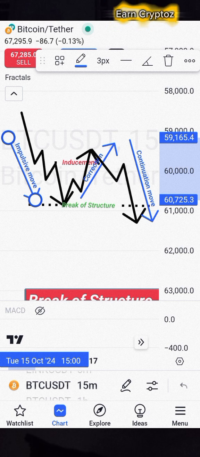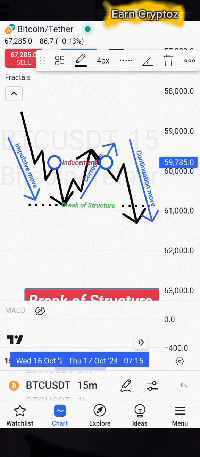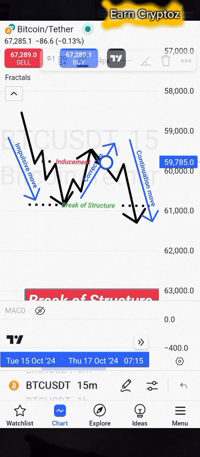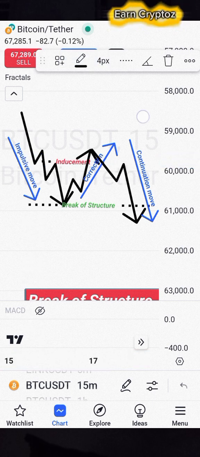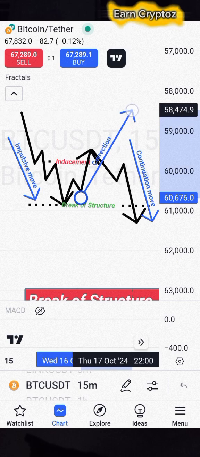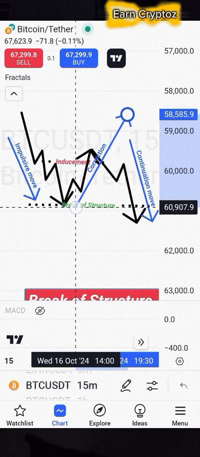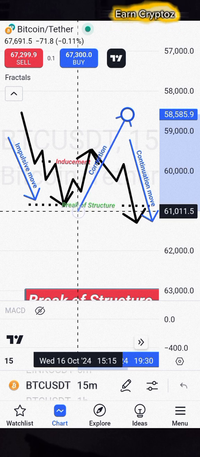And when we invert the chart, looking at the downtrend, you can see the impulsive move to the downside. You can see the inducement right there on the impulsive move, the first impulsive move. Then we have a correction that took out the inducement right there.